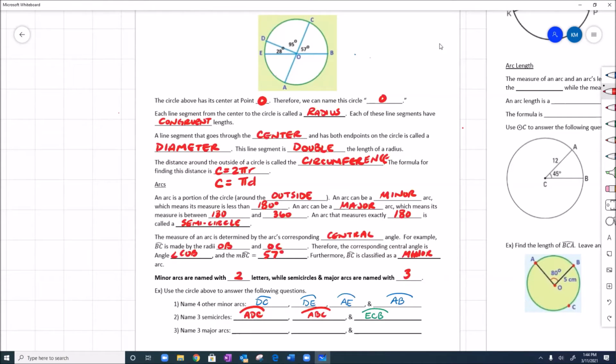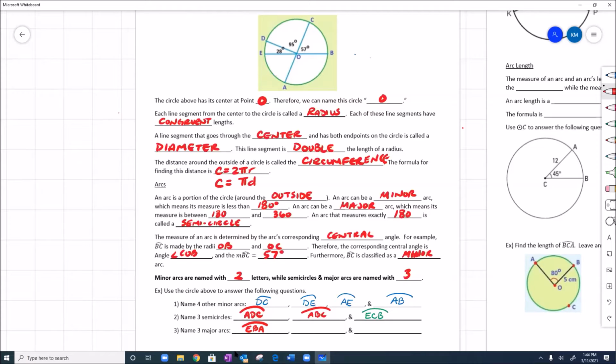Now it says to name 3 major arcs. Remember, a major arc is just going to have measures more than 180 degrees. So for a major arc, we're going to go EBA. Arc EBA. And here's the importance of naming it with 3 points.